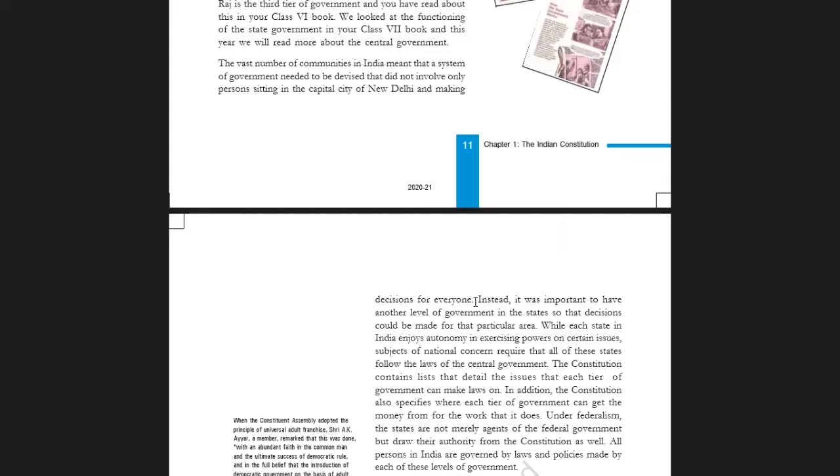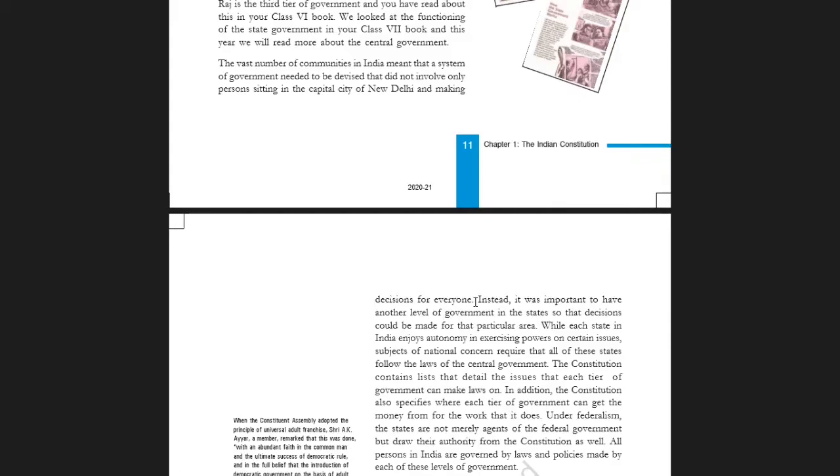Devised means planned or invented by careful thought.